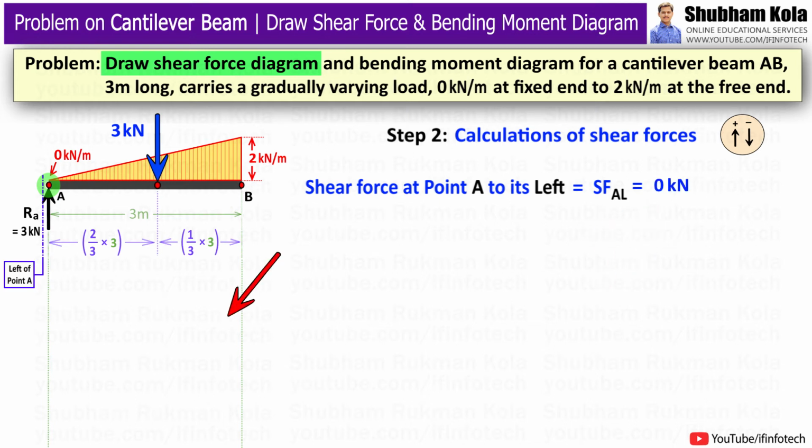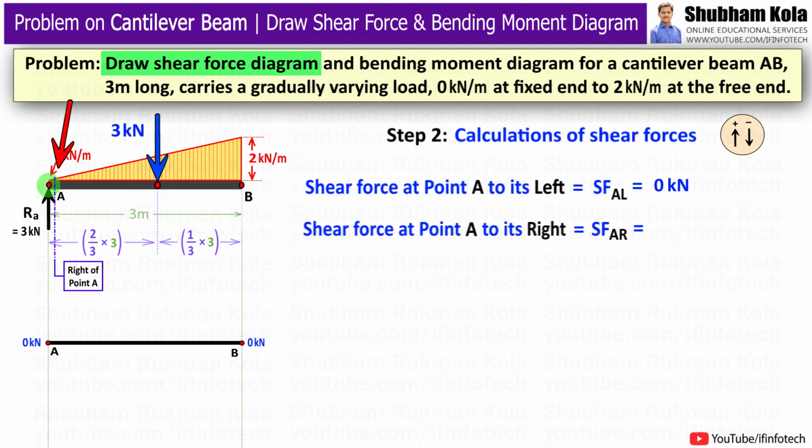So to draw shear force diagram, I will first draw a horizontal reference line of 0 kN shear force. So here I'll mark the point of 0 kN. Now, when we move towards the right side of point A, that is SF at A to the right, then there is reaction force RA which is acting on the beam in the upward direction.